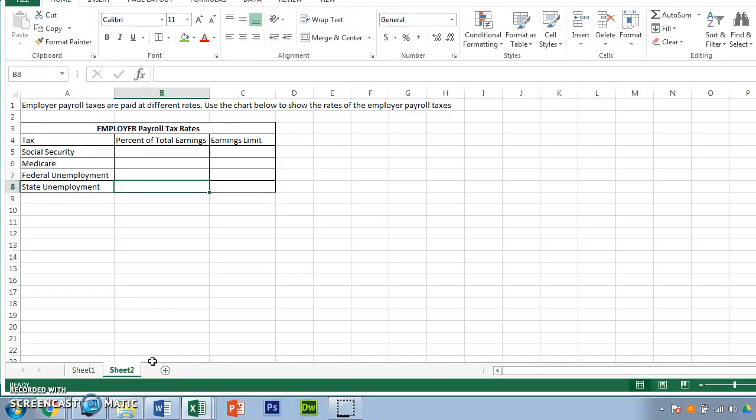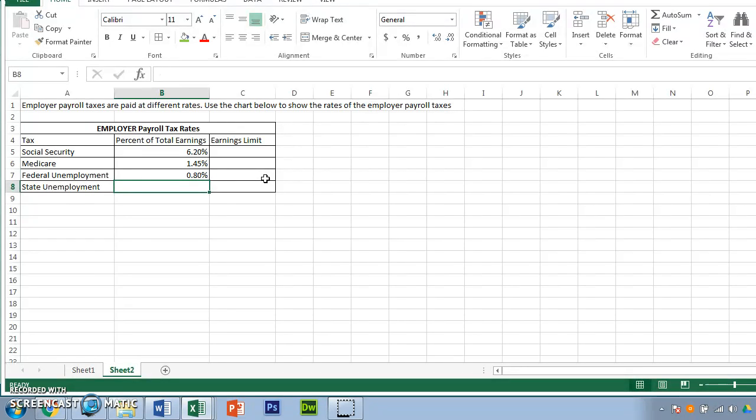So there are 4 employer payroll taxes: Social Security, Medicare, federal unemployment, and state unemployment. Those are the 4 that the employer has to pay. We already kind of talked about these. Social Security is at 6.2%. Medicare is at 1.45%. Federal unemployment is at 0.8%.